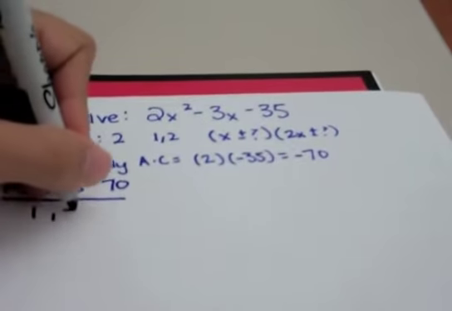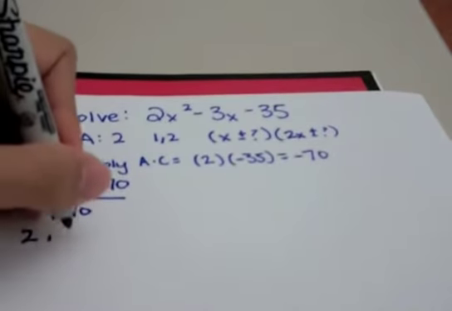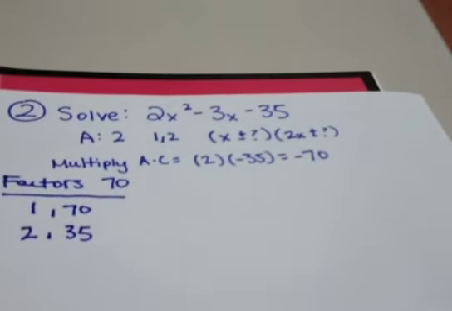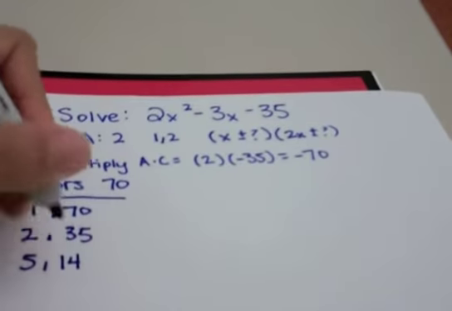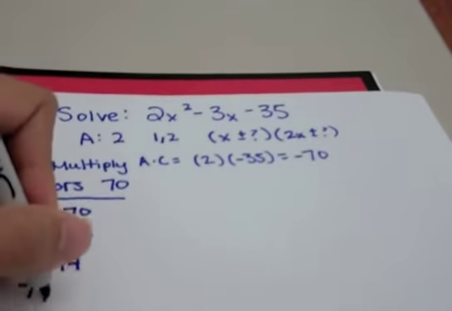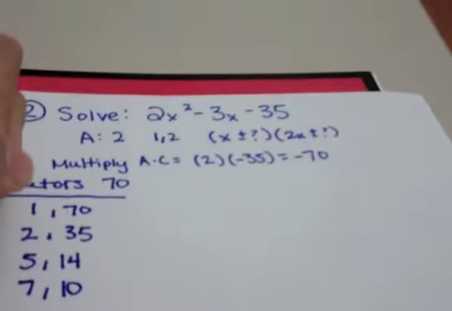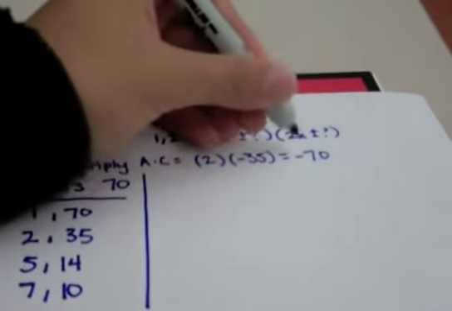Okay, so 1 and 70, 2 and 35, 3 doesn't work, 4 does not work, 5 should work, 5 and 14, 6 doesn't work, 7 and 10 works, 8 does not work, 9 does not work, 10 means we're done. So we have all the factors of 70, but the problem's asking us to find negative 70.